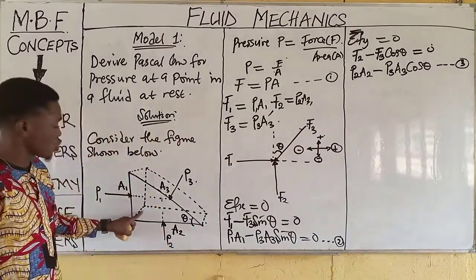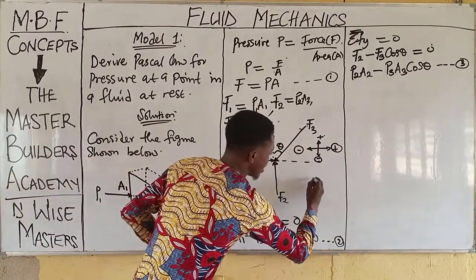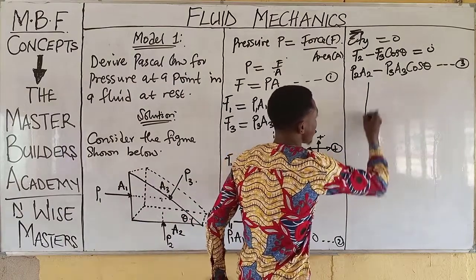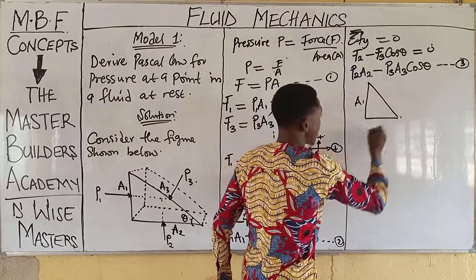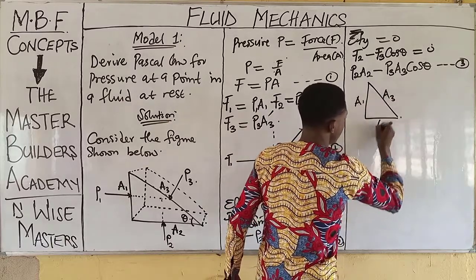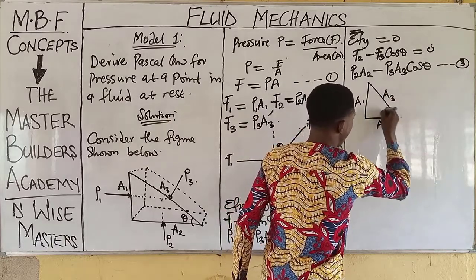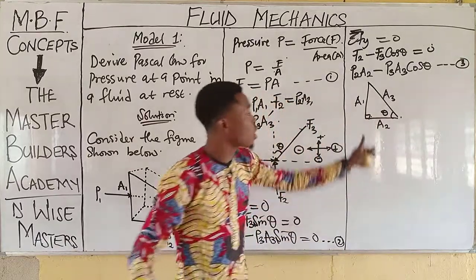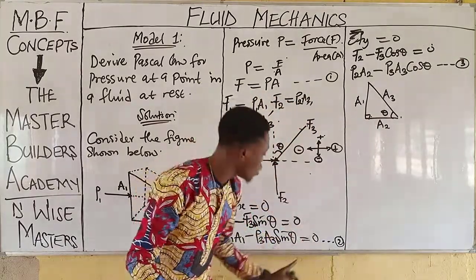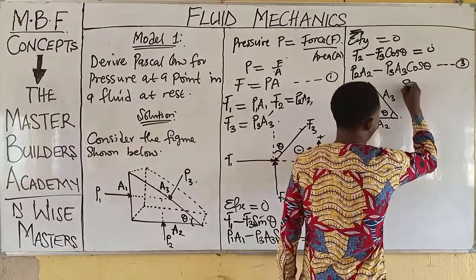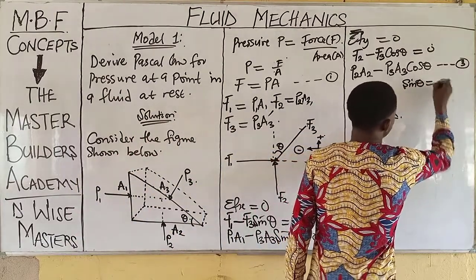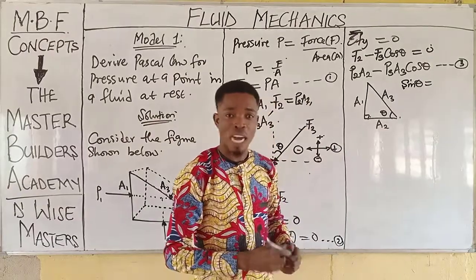Now, when we come to this section, we have this figure. This we call A1, this we call A3, this we call A2, and this is the angle. From this figure, we are going to deduce the value for cos theta and the value for sin theta. Now, sin theta is equal to opposite over hypotenuse.